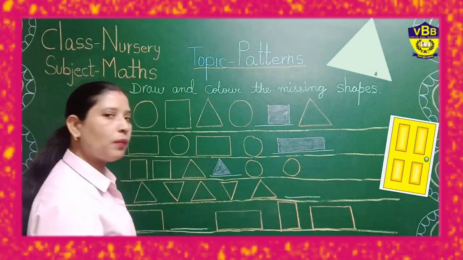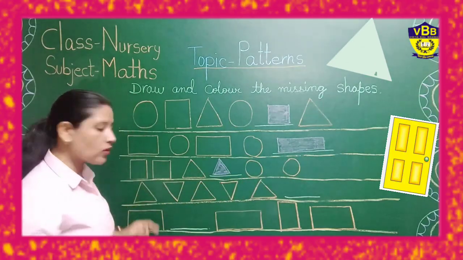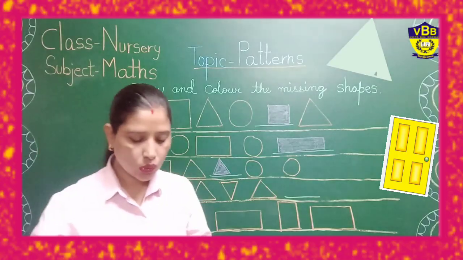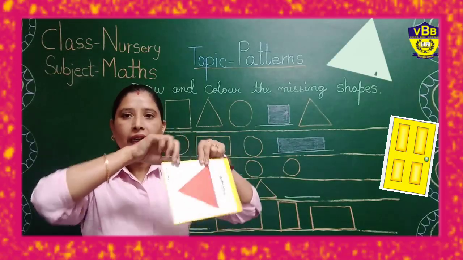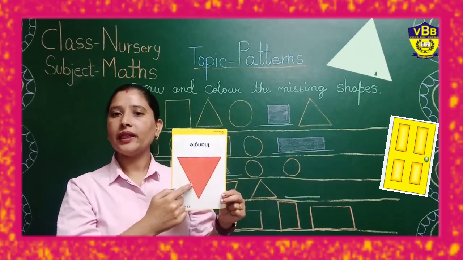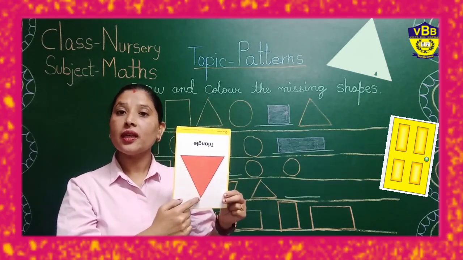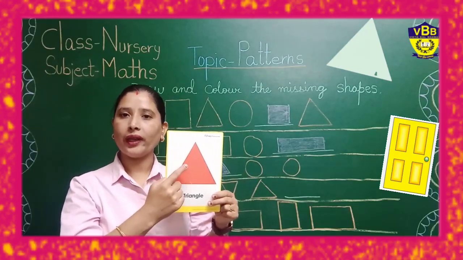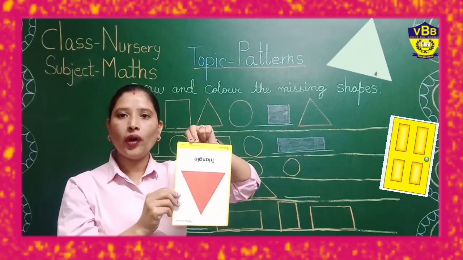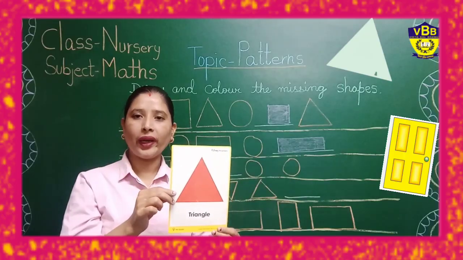Now come to the next part. So this is a triangle. If I rotate it, it is still a triangle. So this is a downward triangle and this is an upward triangle. Again, downward triangle, upward triangle.